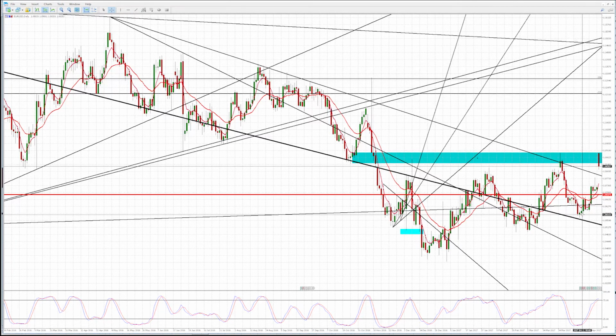Apart from that, if I look at the euro dollar, obviously it is in a similar situation. I have this head, shoulder, head, shoulder, and a similar situation to the US dollar index, where it basically pulled back so far that this no longer looks like a head and shoulders.